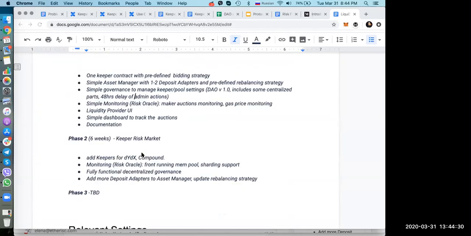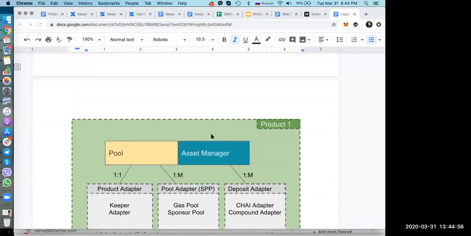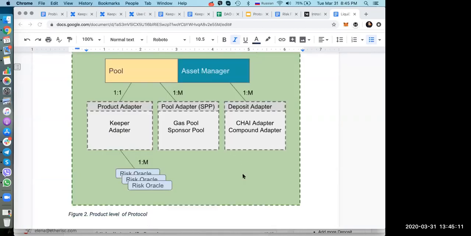So the objectives of the second phase are to add more keepers for other platforms like DYDX and Compound, extend the functionality of the monitoring oracle, and add features like front-running mempool monitoring and sharding support, add fully decentralized governance, and improve the asset manager, which can work with more than a couple of deposit adapters and implement a more comprehensive investment strategy than in phase 1.